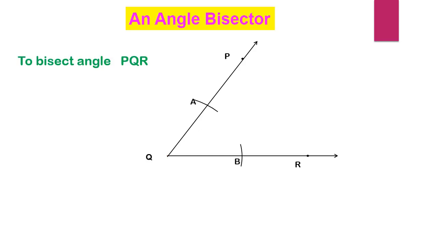Then from these given points A and B, with a distance more than half of AB, we draw an arc. Same way from the point B, at the point where it intersects, we draw a ray passing from Q to the intersection point. And these two angles formed are known as congruent angles, and QS is known as the angle bisector.